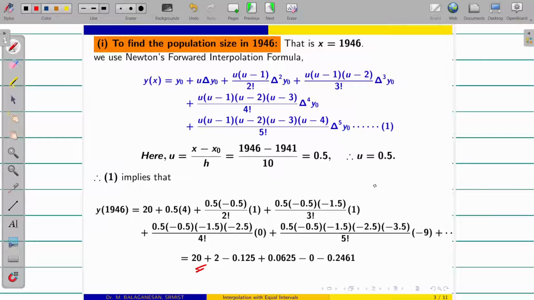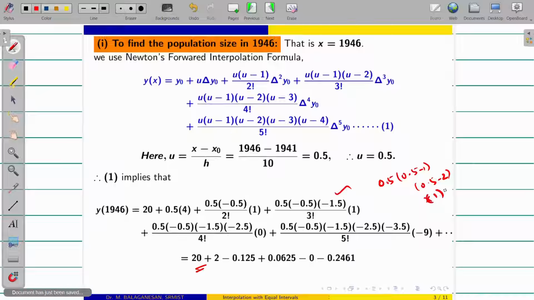You can use your calculator simply. Suppose I have to solve this term, how can I do that? 0.5 into (0.5 minus 1) into (0.5 minus 2). You can give it like that in your calculator directly, into 3, into 1, again bracket into 1.